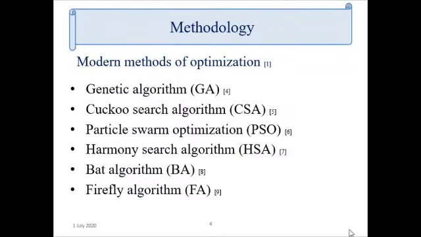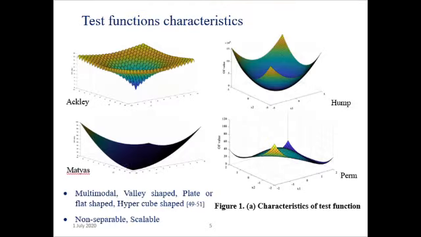Methodology. The algorithms selected here are the well-known, well-established algorithms: genetic algorithm, cuckoo search algorithm, particle swarm optimization, harmony search algorithm, bat algorithm, and firefly algorithm. The test functions selected have a variety of characteristics: multimodality, valley shape, bowl shape, plate or flat shape, and hypercube shape.